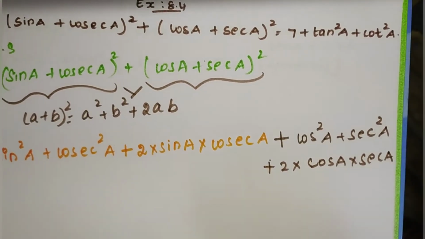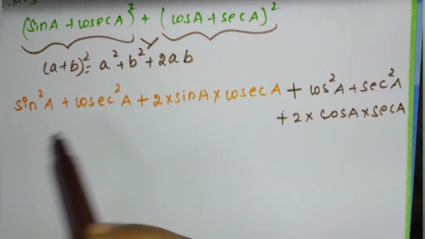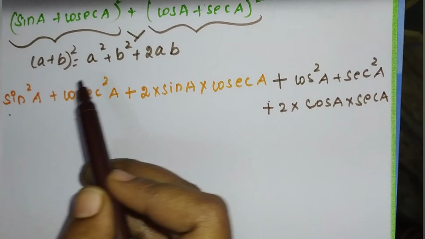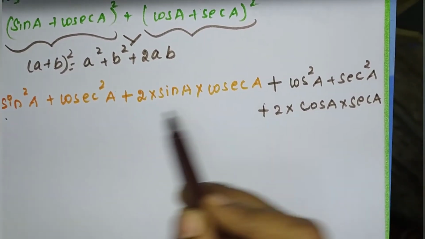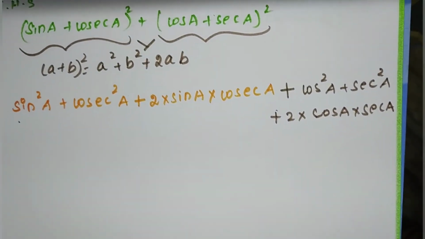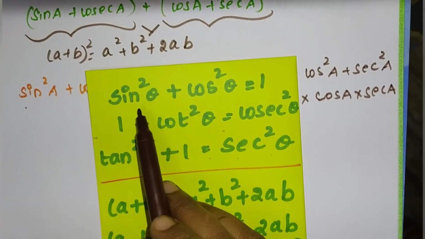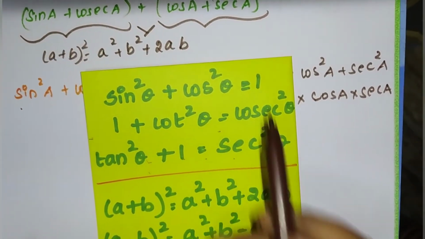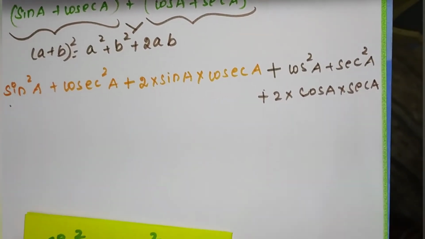Now you can see carefully. Here we have sin square A and here we have cos square A. So we can combine these two and write 1. How? By the trigonometric identity: sin square theta plus cos square theta is equal to 1. So I am going to combine these two.